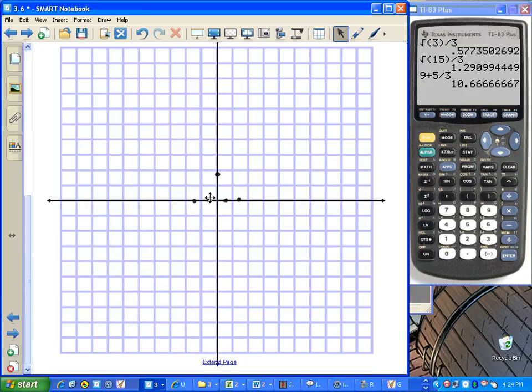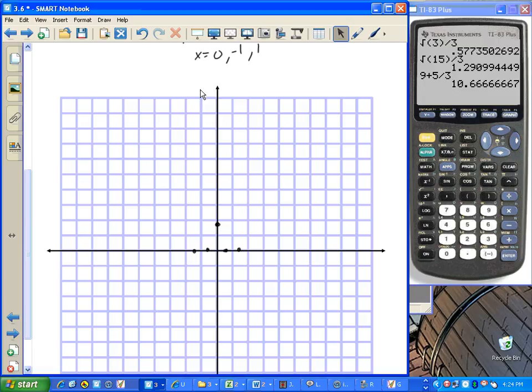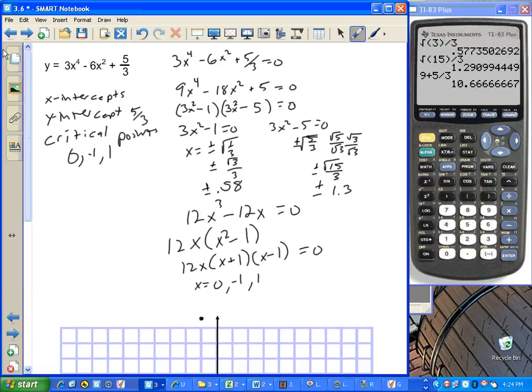So -1, I'm at 10 2/3. So here's 10 2/3. When I put in +1, I'm going to have 3 minus 6, which is -3 plus 5/3.